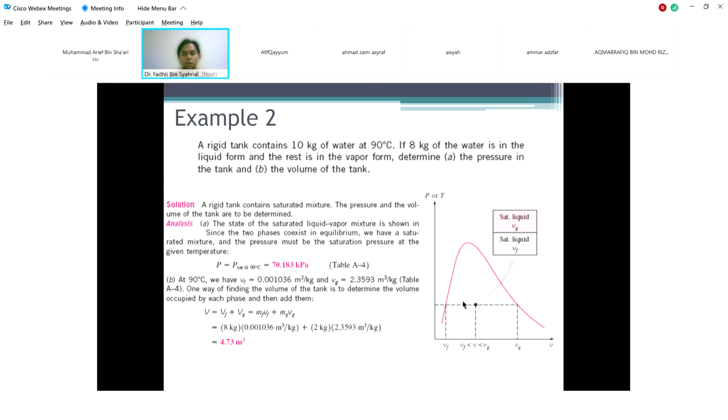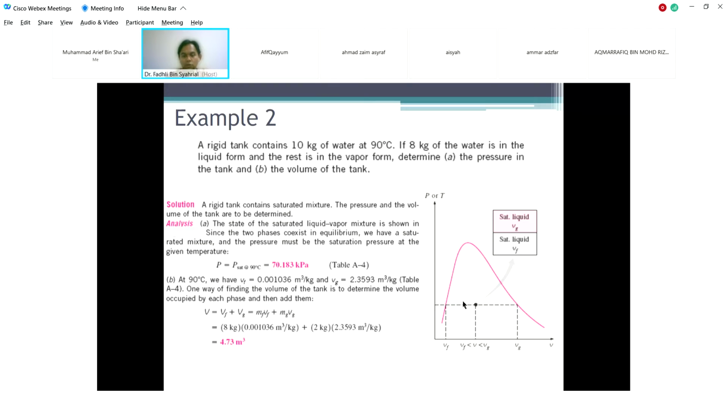Now we are asked to find the pressure in the tank. This is the point, the phase inside our tank. So pressure now is P sat, because if we draw a straight line from this point, we will get here. This is P saturation at the constant temperature of 90 degrees C. Find P sat from our table.